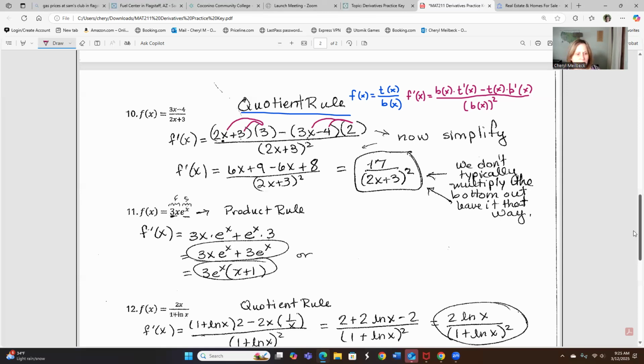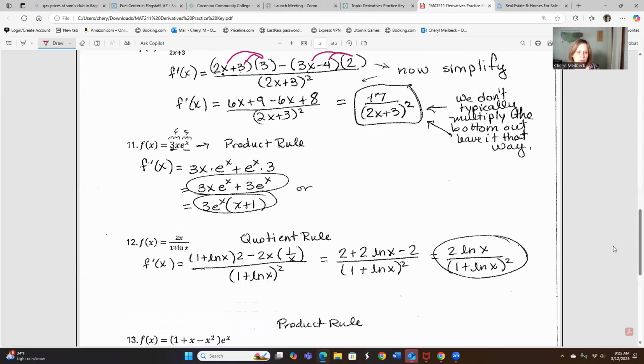On number 11, we'll need to use the product rule, which we remember is, let's just do it, the first times the derivative of the second. So if you take the first, 3x times the derivative of the second, the derivative of e to the x is simply e to the x. And then plus the second, e to the x, times the derivative of the first, 3, we just get this.